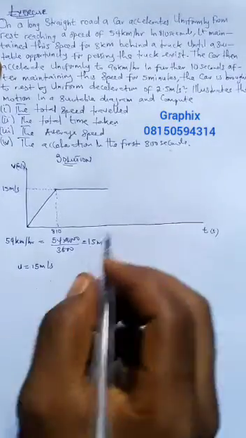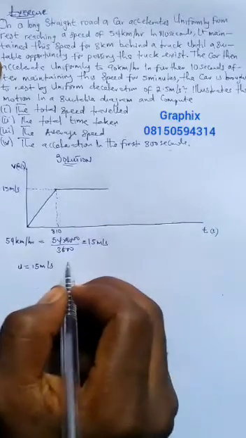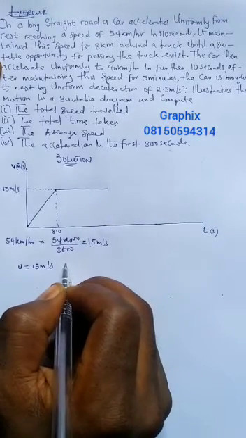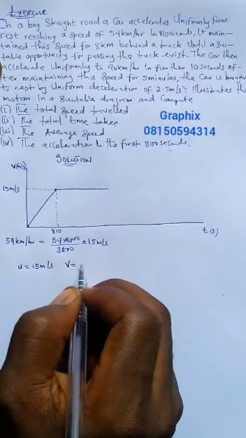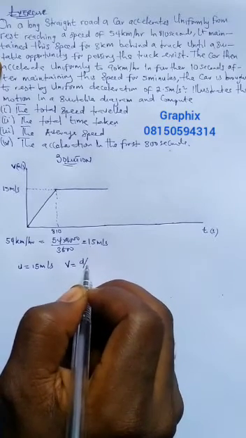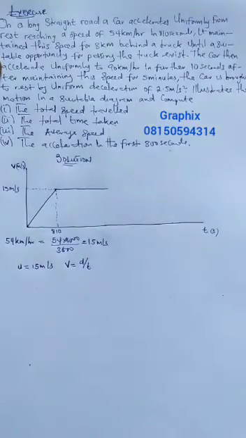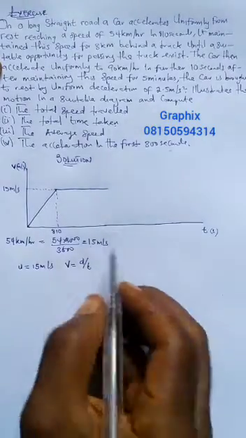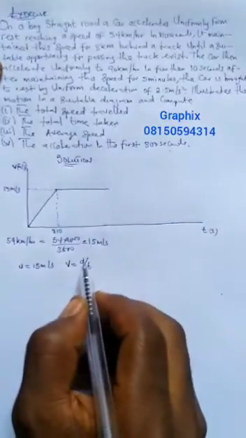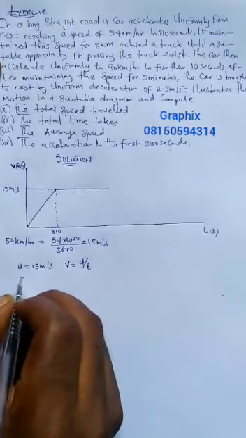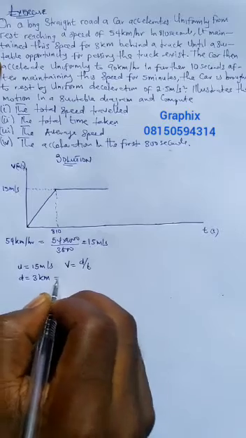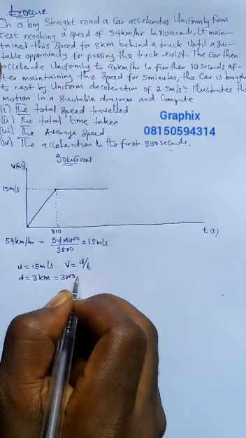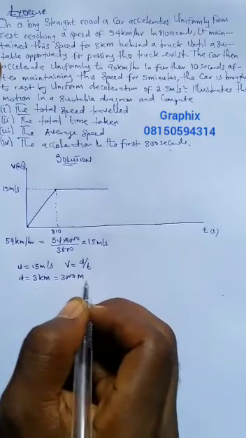Then we know that my speed v is equal to distance over time. The distance covered is 3 km, which is 3000 meters, right?